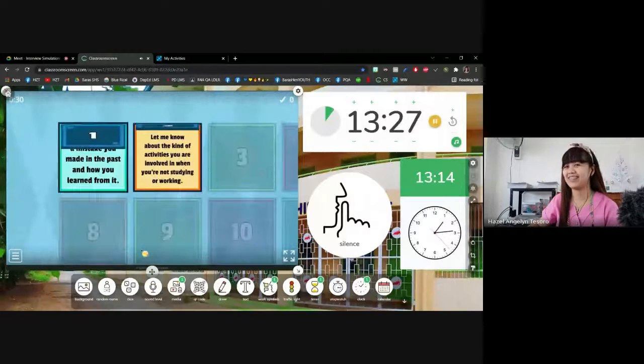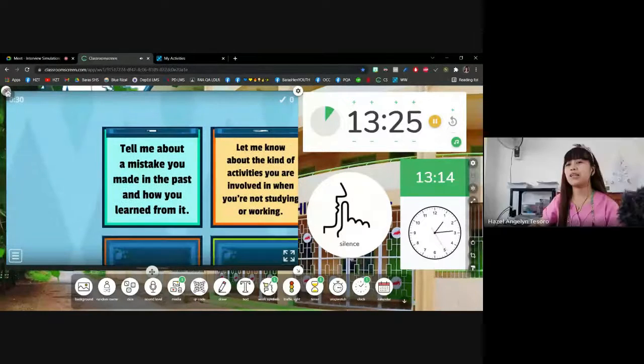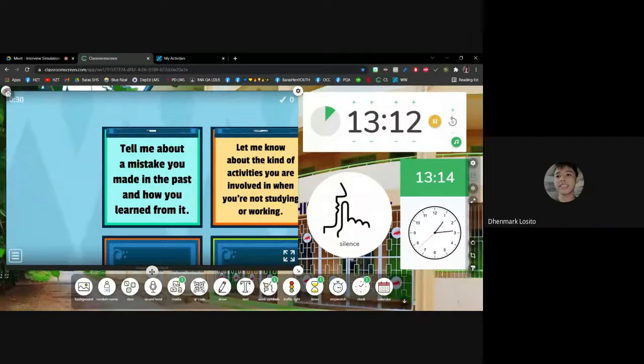We can do this. Tell me about a mistake you made in the past and how you learn from it. Ma'am, kasi parang ano po kasi, yung mga mistake po na nagawa ko is hindi naman po siya ganun kalaki or talagang nakaapekto po sa akin ng sobra.